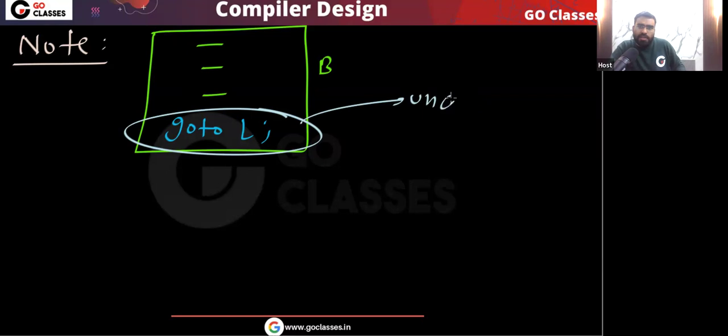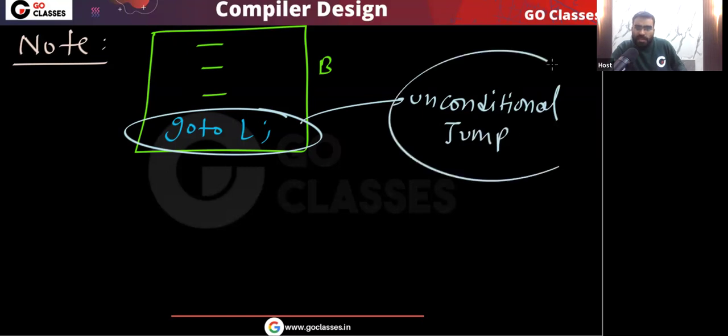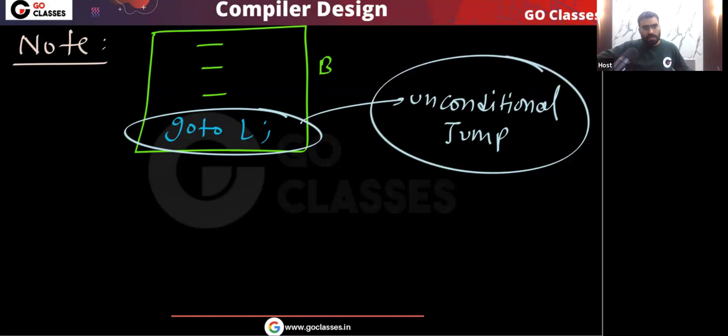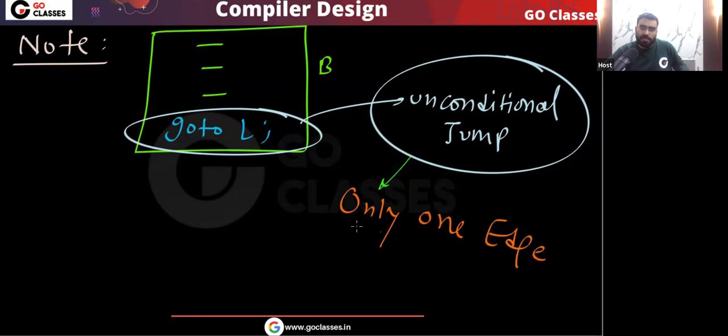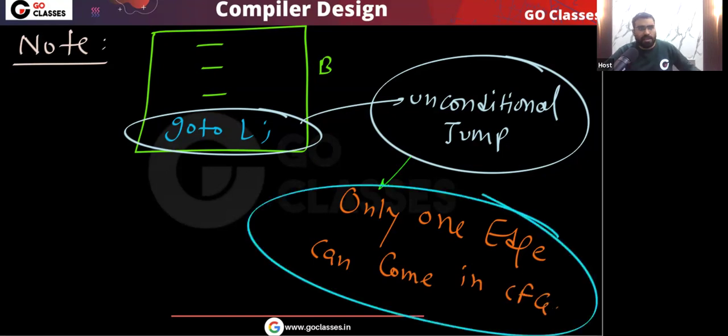Because of this unconditional jump, how many edges will come in the control flow graph? Remember, because of an unconditional jump, only one edge can come in the control flow graph.